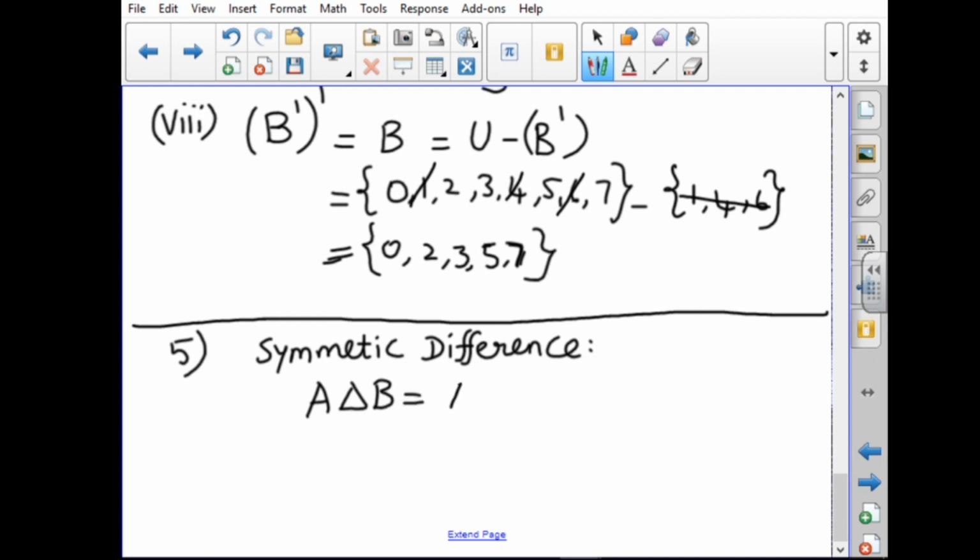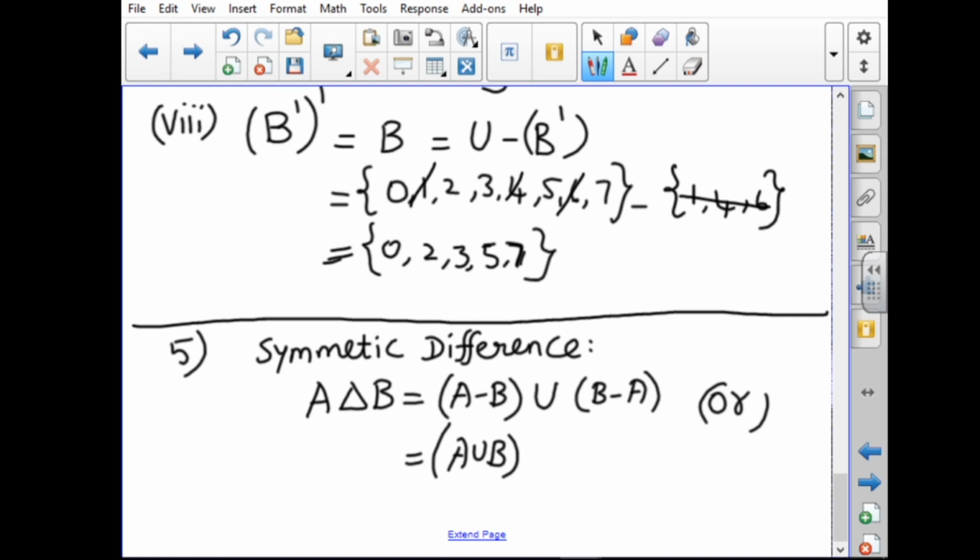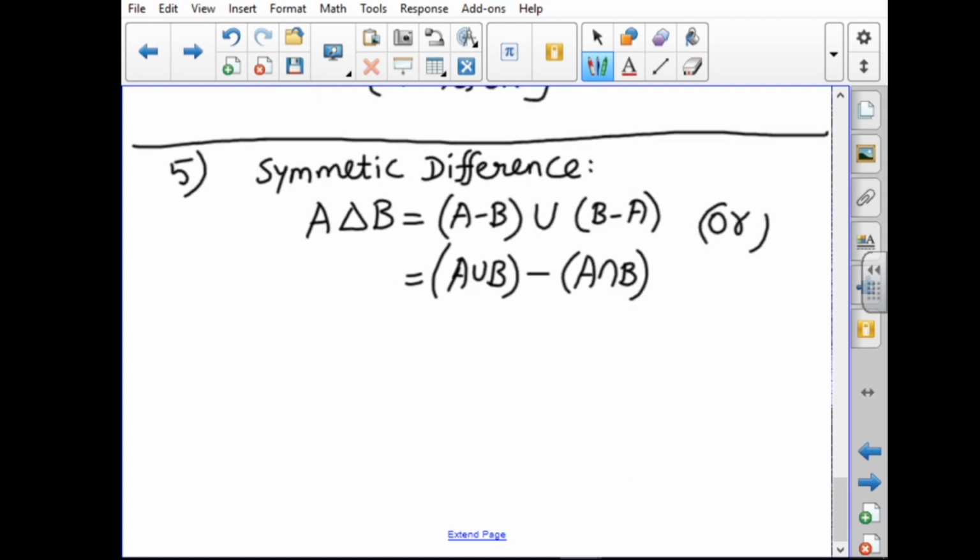A delta B is equal to A difference B union B difference A, or otherwise you can use A union B difference A intersection B, whichever is easy for you. Both give A delta B. So the first sum is homework for you; we can start the second sum.